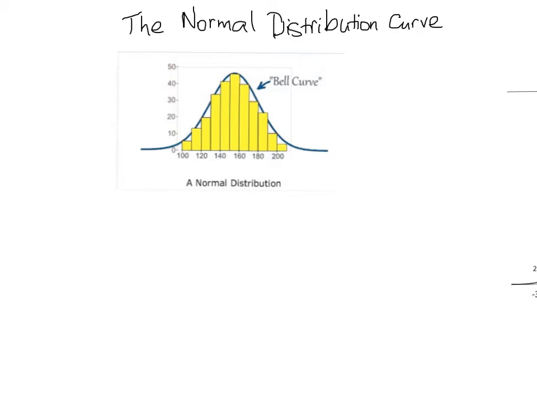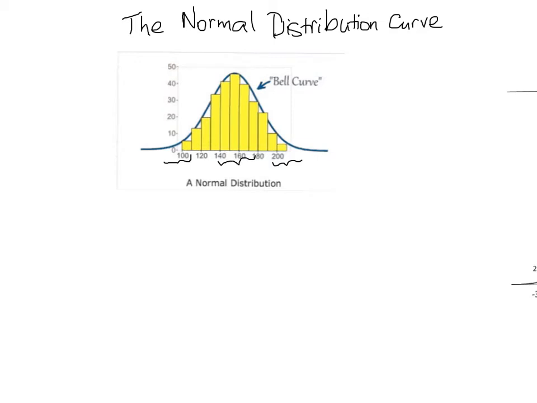If you look on the high end, above 200 pounds, there are very few women. And at the low end, at about 100 pounds, there are very few women. The weights are mostly in the middle, which would make sense.